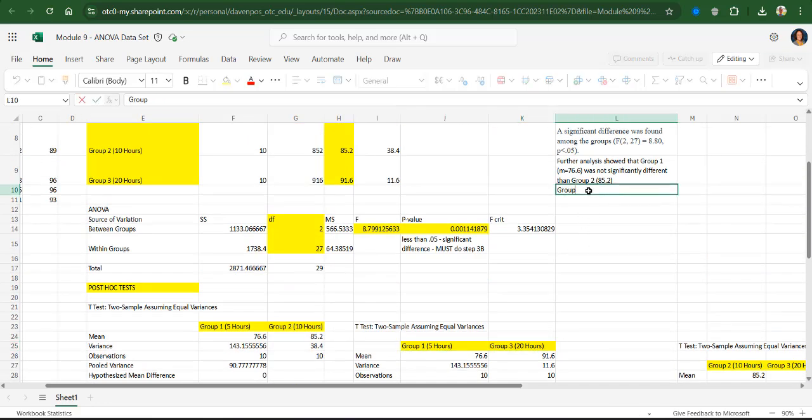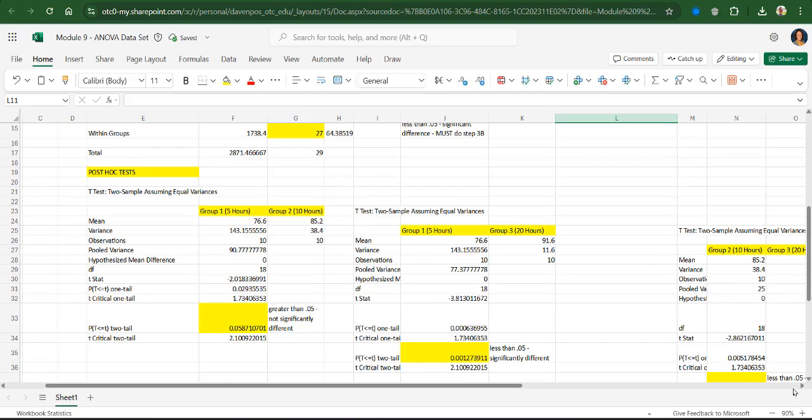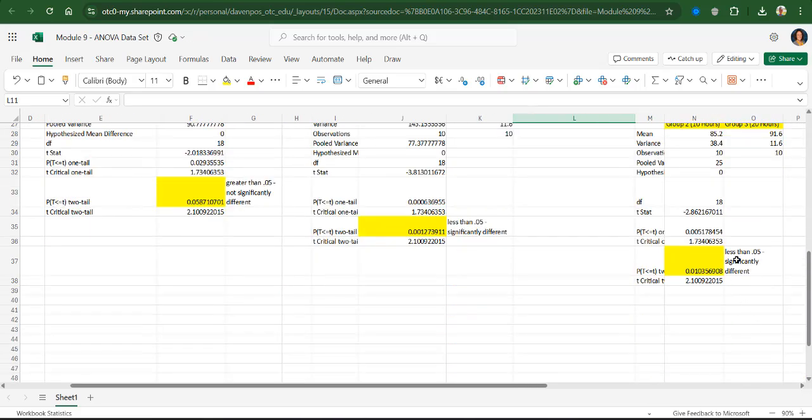Group 1 was significantly different than group 3. Here's the mean was 91.6. And then the last one, what did I find? Group 2 and group 3, that was also less than 0.05.